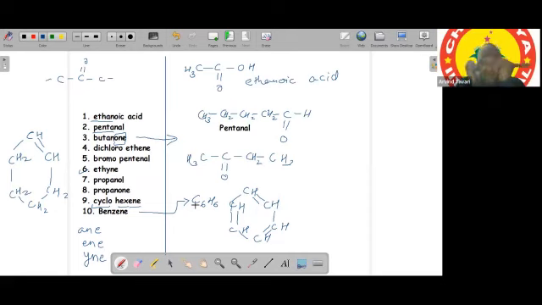So I think almost everyone has understood. See this bromopentenal. It's not pentanal, it's pentenal, from pentene. So there you have to introduce a double bond.